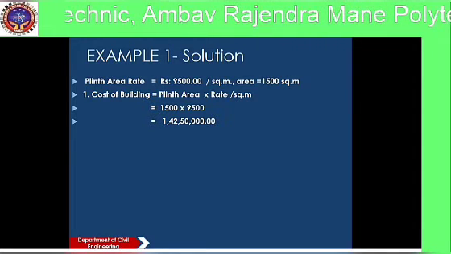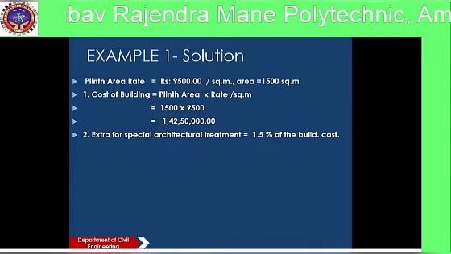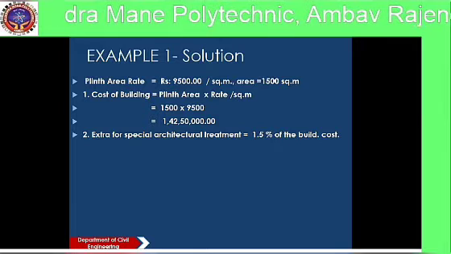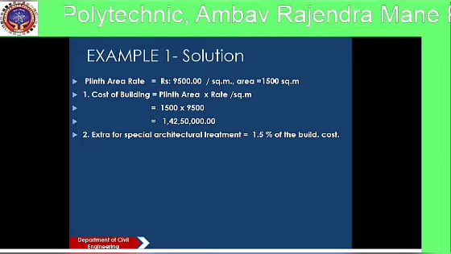Okay, then extra for special architectural treatment, the amount required for special architectural treatment is equal to 1.5% of the building cost.